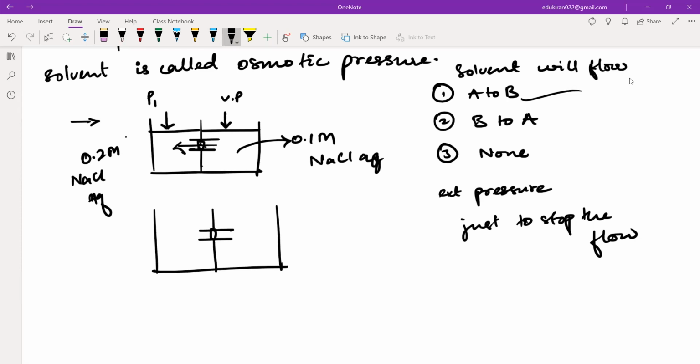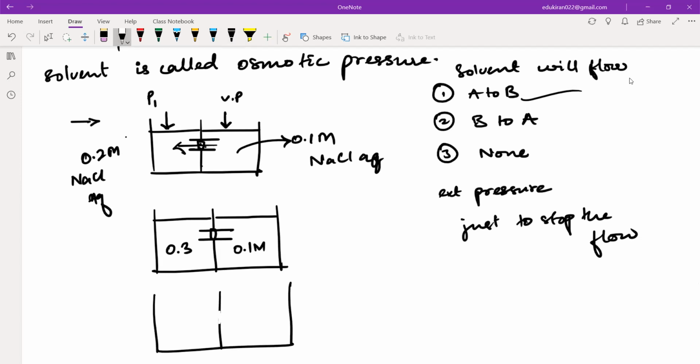Everything is the same. Here we have 0.1, and at this point we have 0.3 molar. There is a similar case, one more. Here we have 0.1. Here we have 0.4.